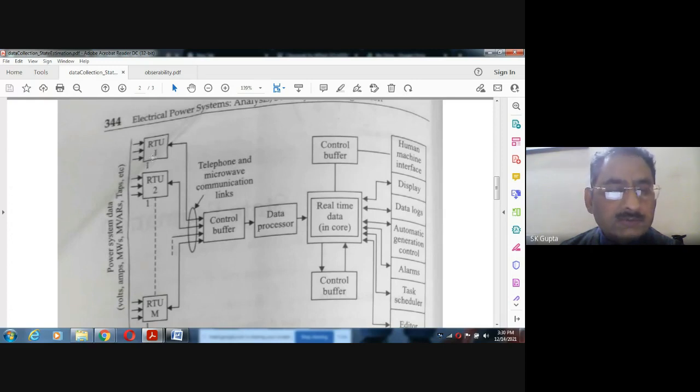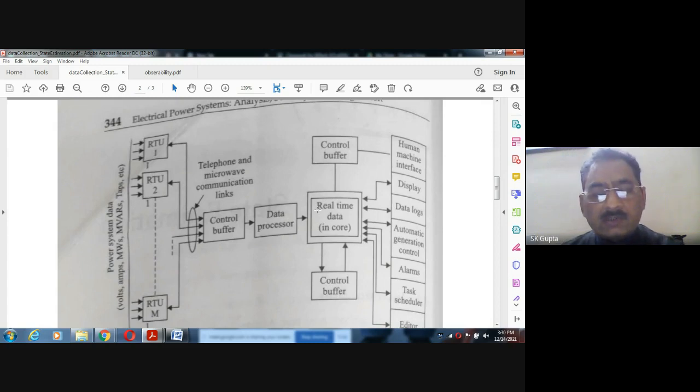They can be, say, substations, and these data are transmitted. First of all, they are taken in a control buffer with some security bit, and with the help of some protocol, the data is transferred so that it can be bifurcated again at the receiving end.